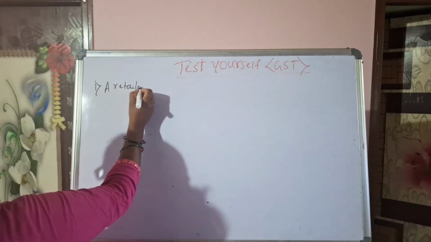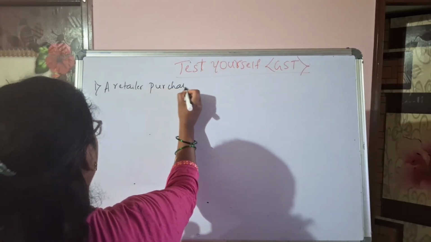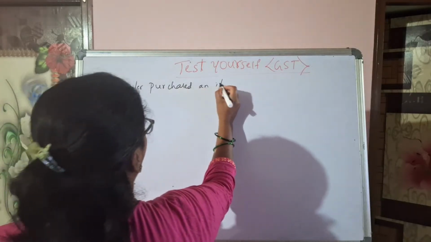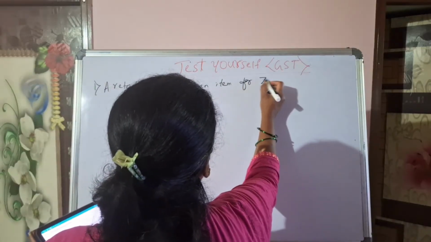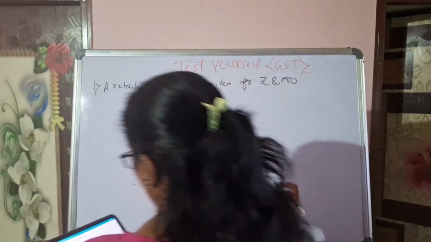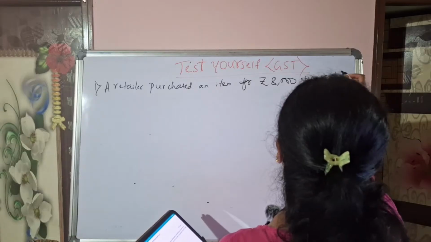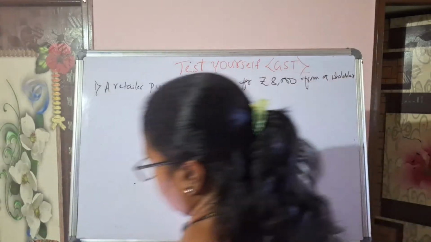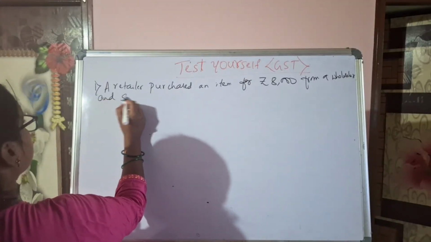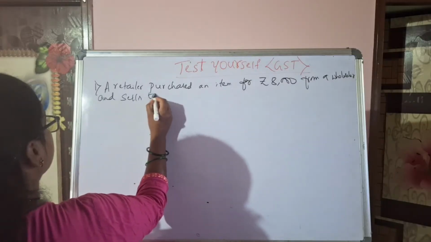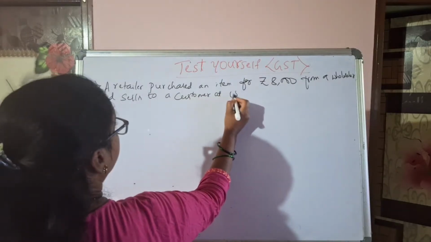A retailer purchased an item for rupees 8,000 from a wholesaler and sells to a customer at 15% profit.